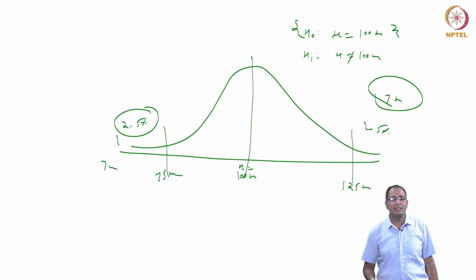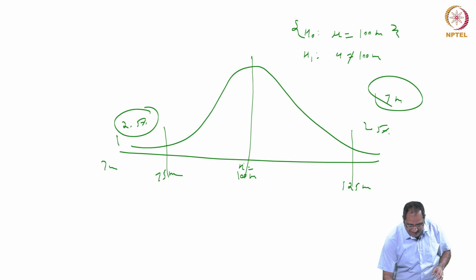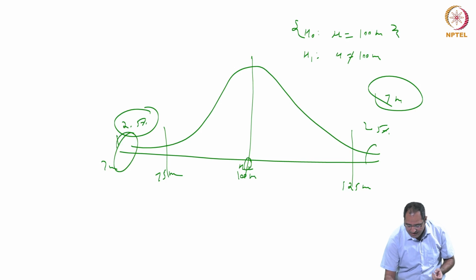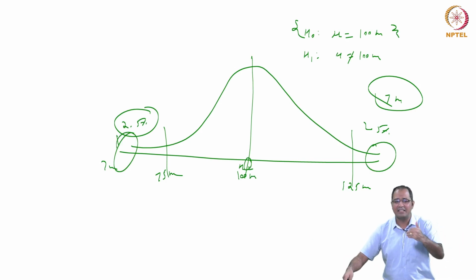That is the probability. So if the probability is less than 5%, assuming that the population mean is this, what is the probability of my obtaining a sample with a particular mean? If that probability is here or here, towards the tails, it is very unlikely.